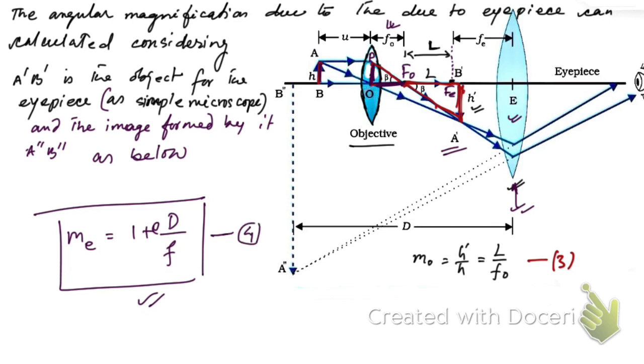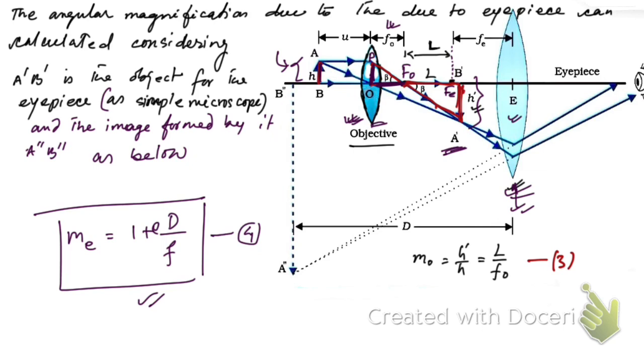Now you see, this object is magnified by this lens, and a magnified image A dash B dash is formed, then again it is magnified by this eyepiece. That means there are multiple magnifications.